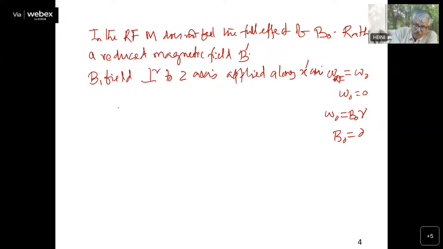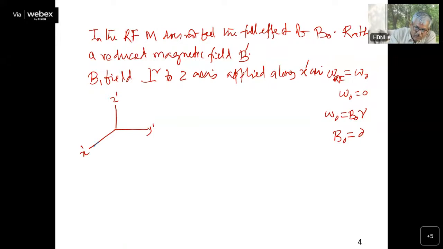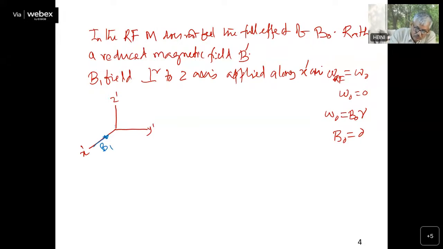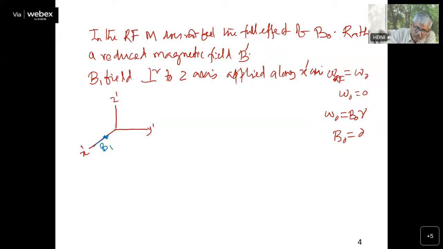The magnetic moment. So I'll draw it here now. This is X prime. This is Y prime. This is Z prime, and this is your B1 field. Now you have the magnetization.